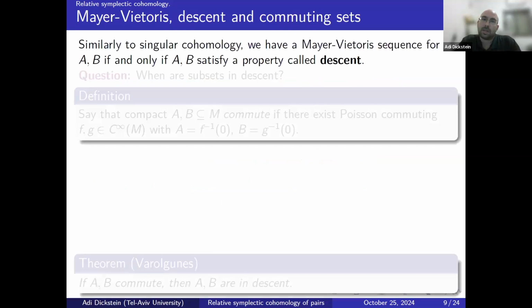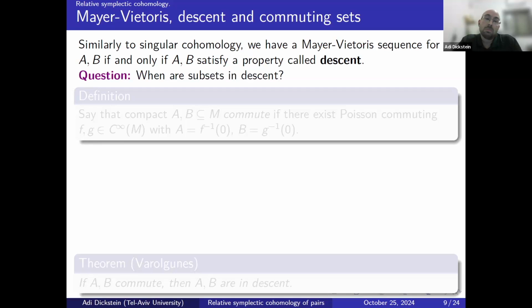Now we can ask about Mayer-Vietoris, and what Varolgunes proved is that we have Mayer-Vietoris if and only if our sets satisfy some algebraic condition called descent. It is parallel, in some sense, to the definition of excisive couples, but a bit different.